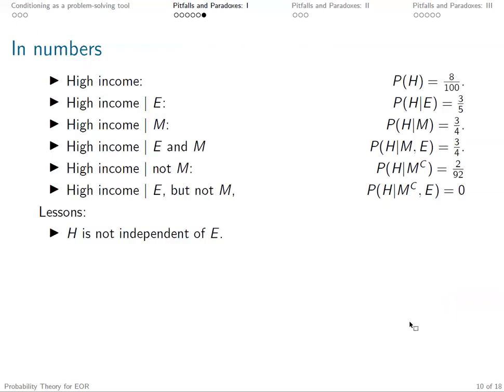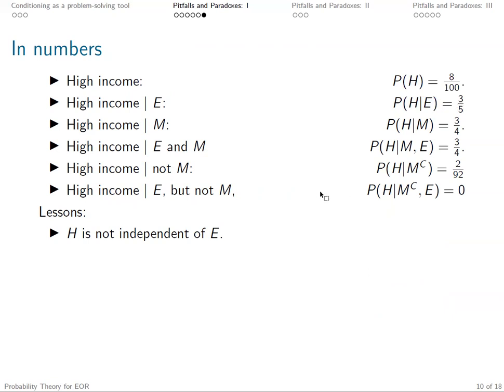From these numbers, what we can learn is H is indeed not independent of E. By conditioning on E, by doing econometrics, the conditional probability of H given E is much higher than the unconditional one.